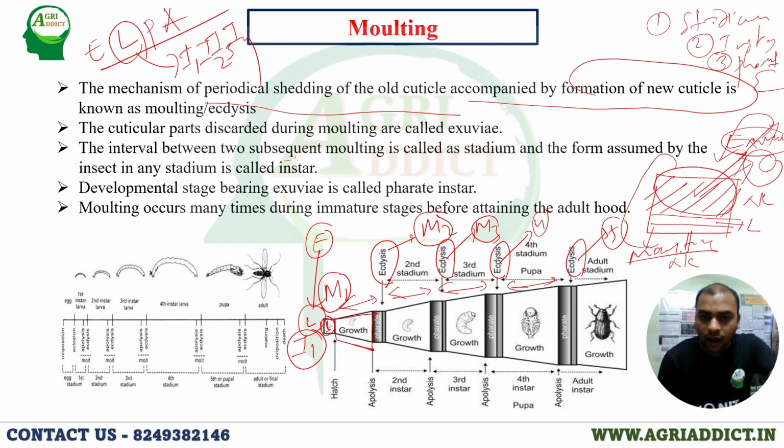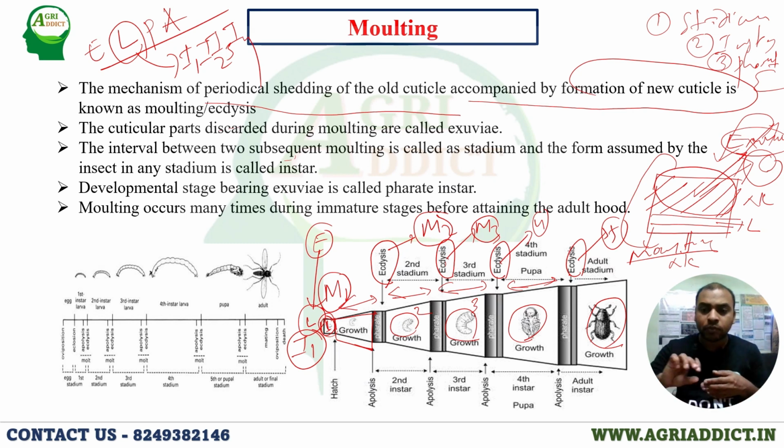The stage at a particular stadium is called the instar. This is larval instar 1, larval instar 2, larval instar 3, then the pupa, and the adult. During the progression of molting, the size of the instar increases. Here instar 1 is very small, instar 2 is somewhat larger, and instar 3 is the largest.